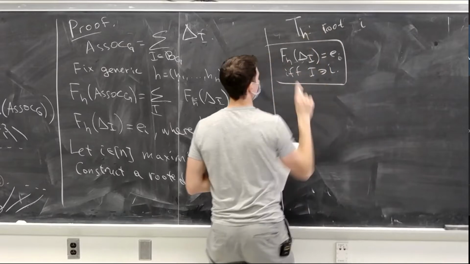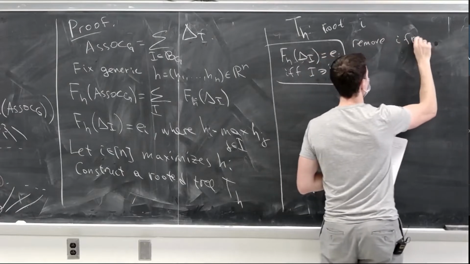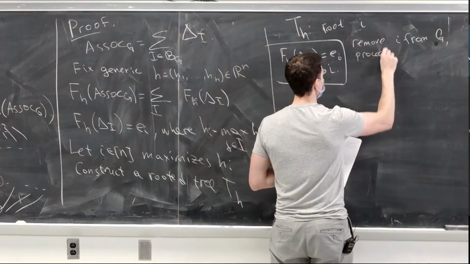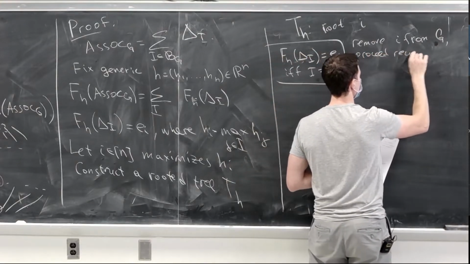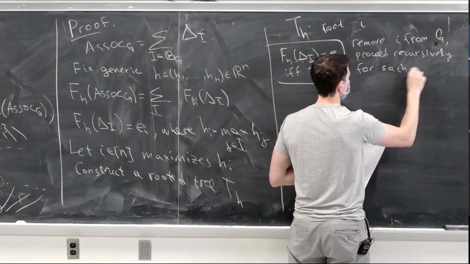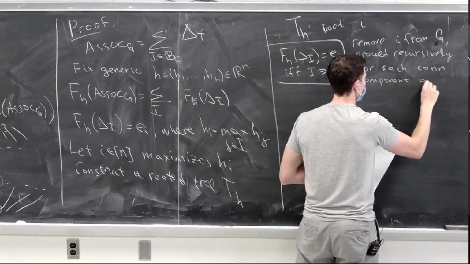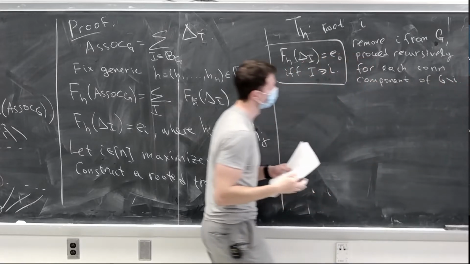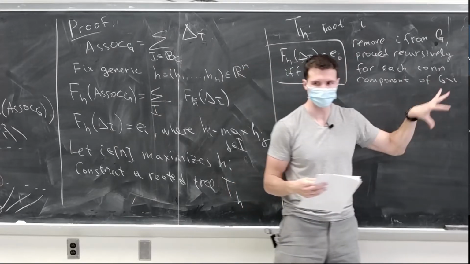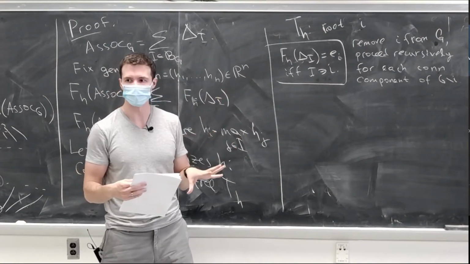So i is the root of my tree, and then I remove i from G and proceed recursively for each connected component of G without i. In other words, if G without i splits into several connected components, I can just solve my problem on each of those connected components.